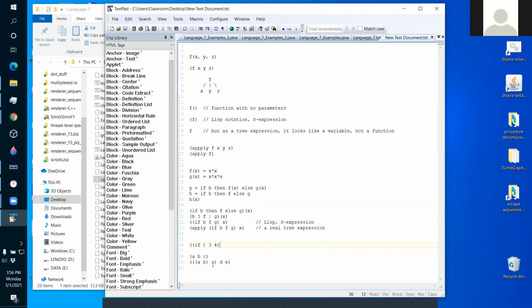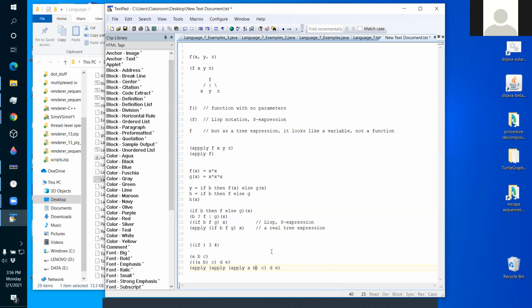Okay, now in our language, we can make sense of that one. We write it this way. Apply this guy to D and E. But what's that guy? That's the apply of this guy to C. And that is the apply of A to B. Okay, so apply A to B, you get back a function.